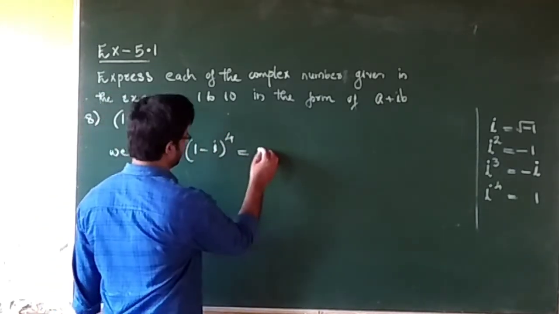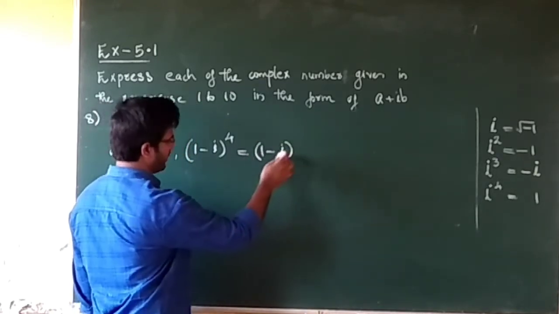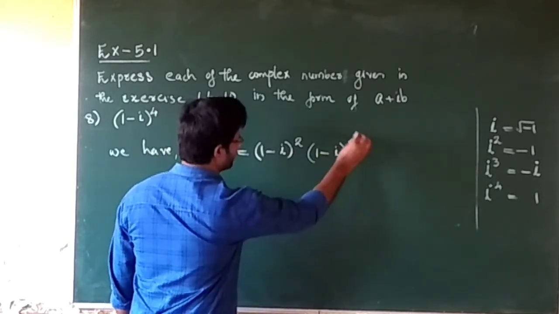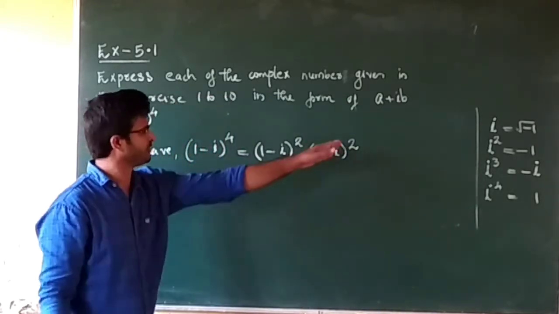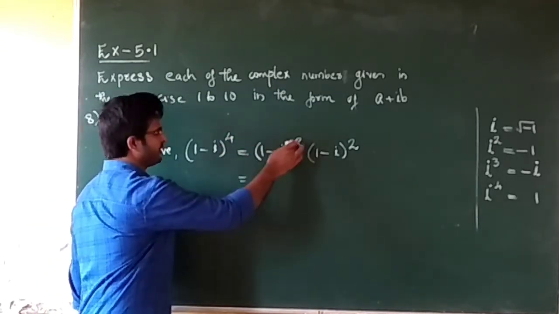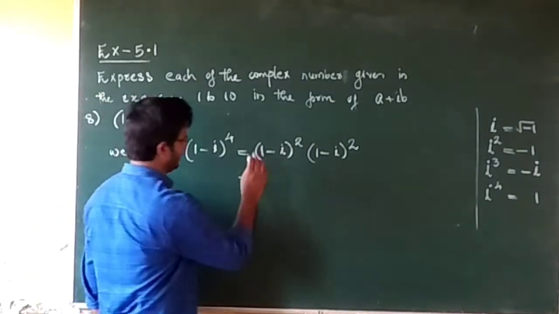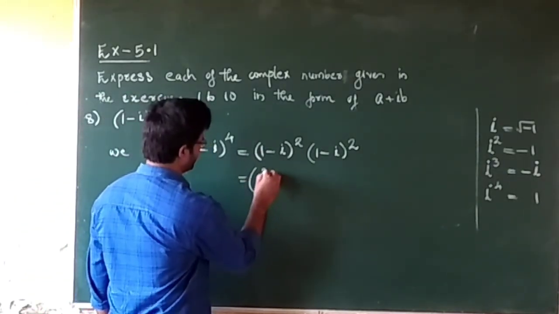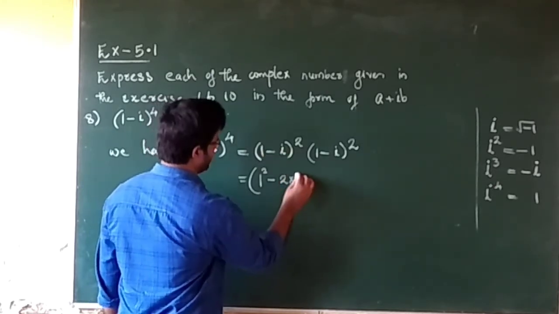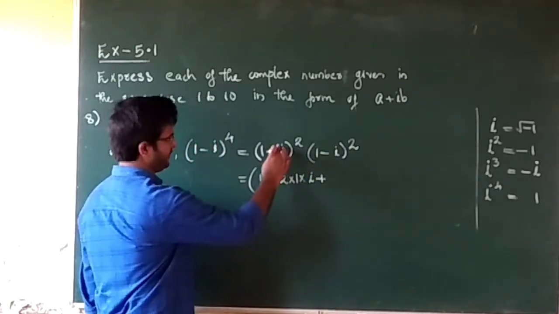That's why we can write the given complex number as 1 minus i all square, 1 minus i all square, 2 times. 2 plus 2 will get 4, isn't it? Then for 1 minus i all square, we can use the a minus b all square formula: a square, that is 1 square, minus 2ab, 2 into a into b, that is i, plus b square, that is i square.